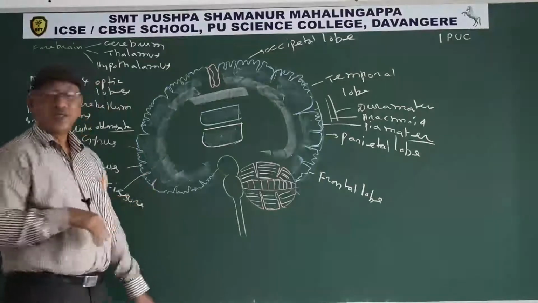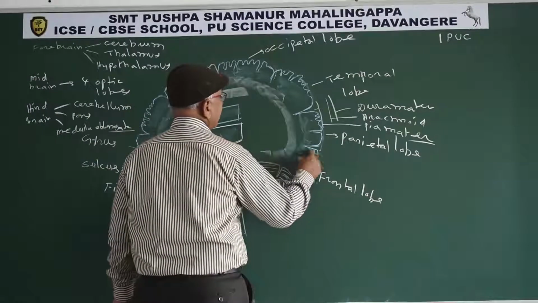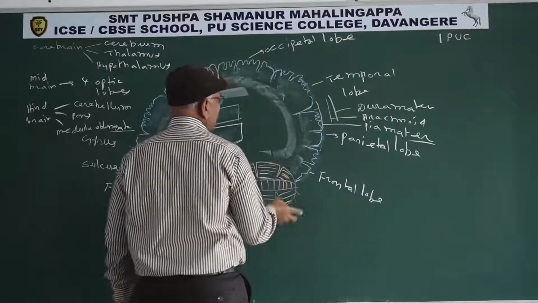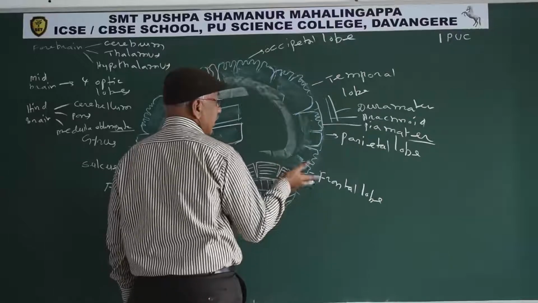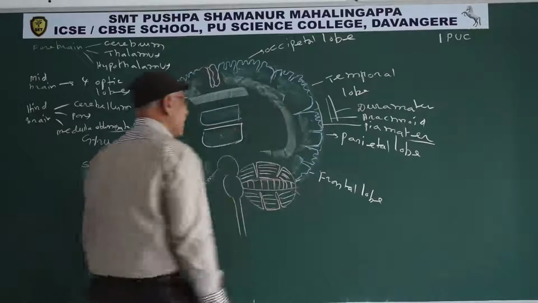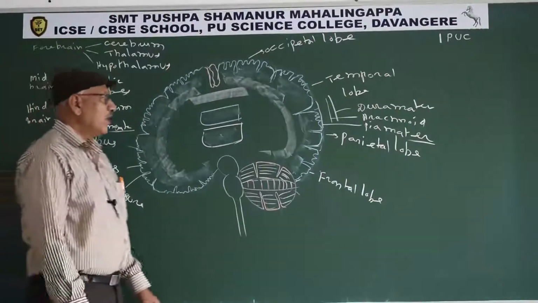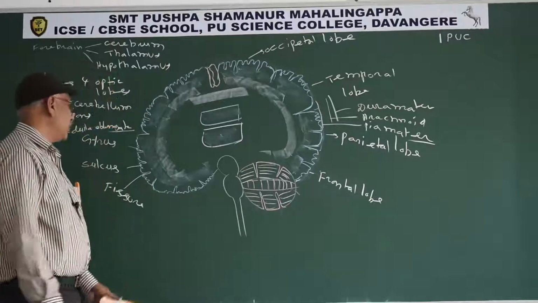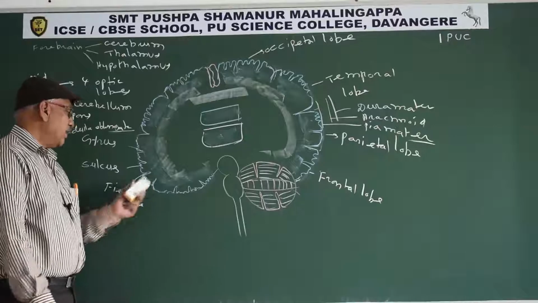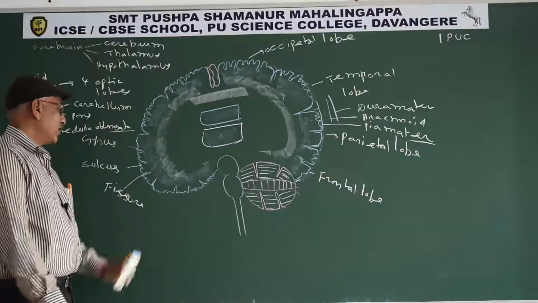Each cerebral hemisphere contains 4 lobes: anterior frontal, parietal, temporal and posterior occipital. So each cerebral hemisphere has 4 lobes: frontal lobe, parietal lobe, temporal lobe and occipital lobe. The surface of cerebral cortex has several folds. These folds are known as gyri. Deep cavities are known as fissures, shallow cavities known as sulci.